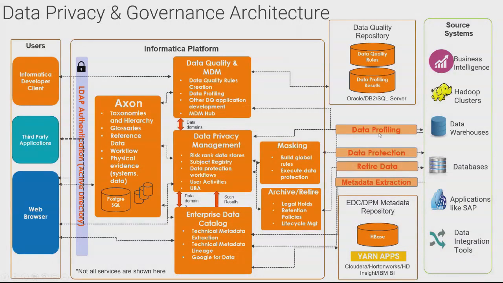Hence the job functionality can be data profiling or data protection or retirement kind of execution or metadata extraction related jobs. And the applications take the respective actions and provide the relevant metrics to business for taking appropriate action, and moving on to the program execution of data governance.